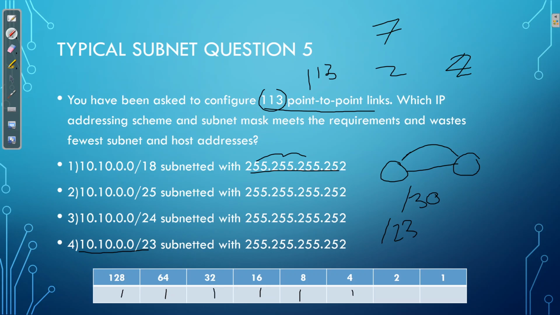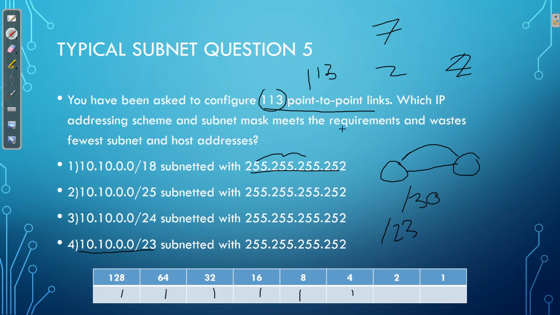With number 4, we start with a /23. We then subnet that down further to a /30, which means we need to have 7 subnet bits. And a /30 still leaves us with 2 host bits. That meets our requirements. Now, it's important to note that all these other ones meet our requirements as well.